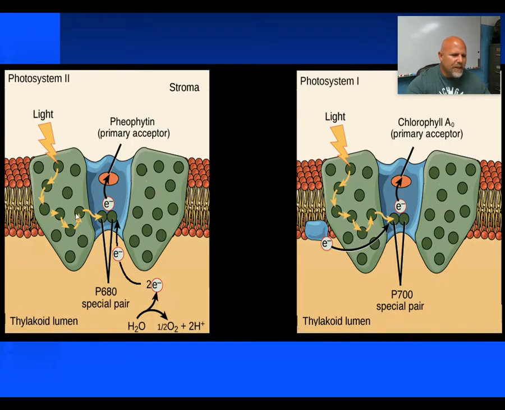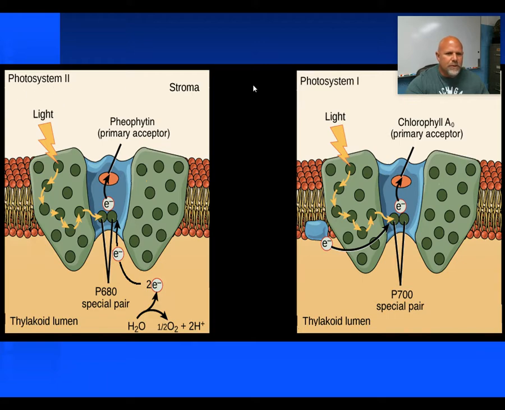The reaction centers are special chlorophylls that are good at energizing those electrons and boosting up the primary electron acceptor. Okay, so we get these electrons energized and boosted up to a high level so that the energy can be used from those electrons as they pass through the electron transport chain.